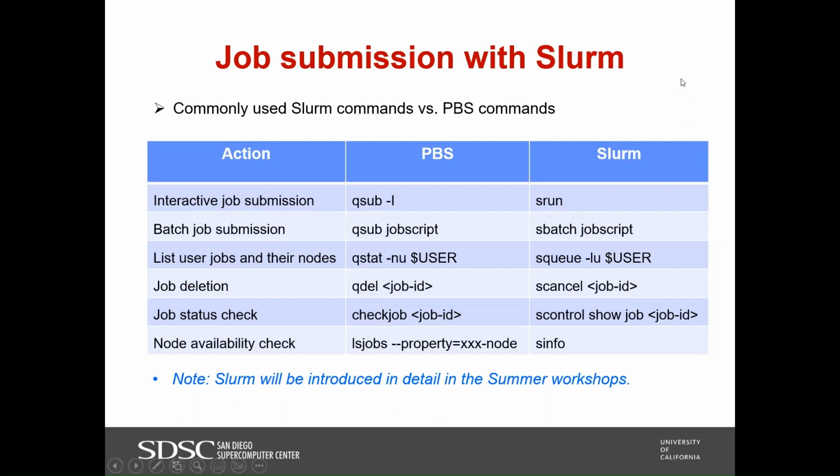As you can see, I list several PBS commands as well as the Slurm commands. I'm not introducing them one by one or asking you to learn them today. That's not my purpose. My purpose is to show you that for each PBS command you use to submit a job, check the job status, monitor a job, or monitor the node availability, there's a Slurm command to replace it.